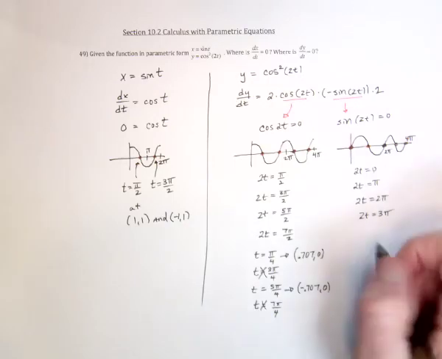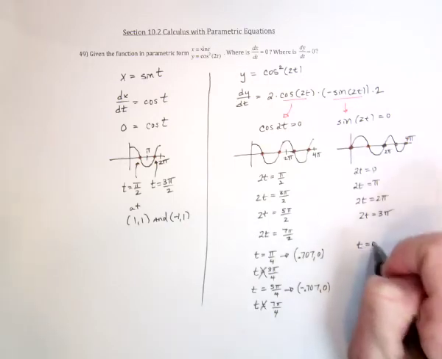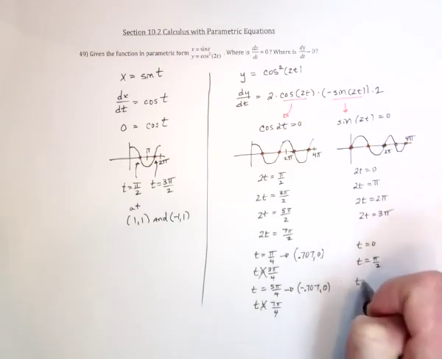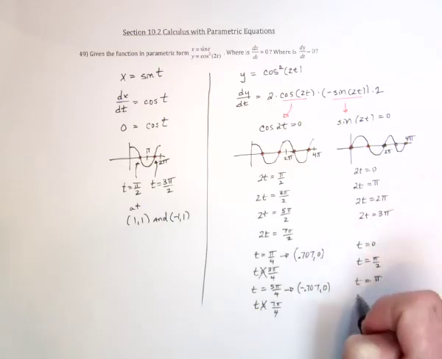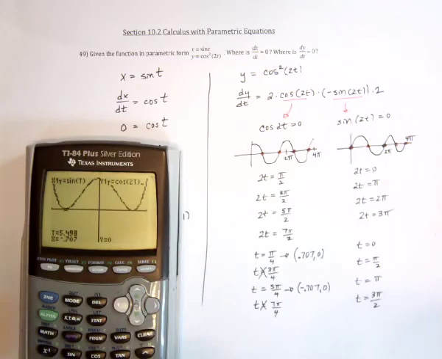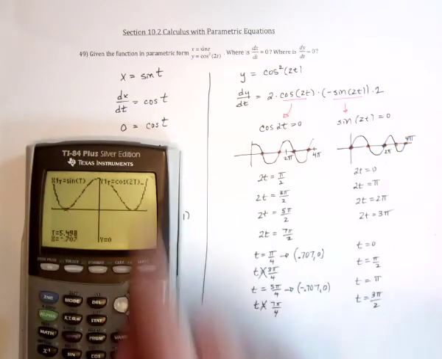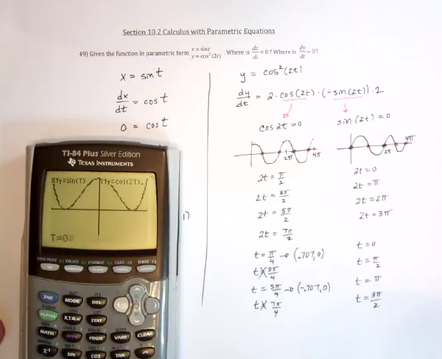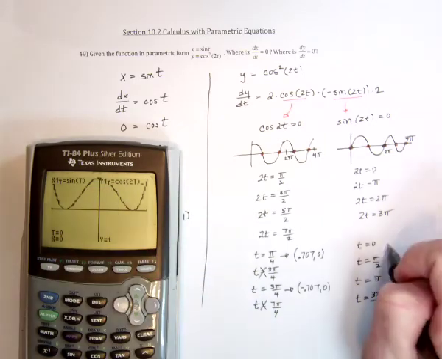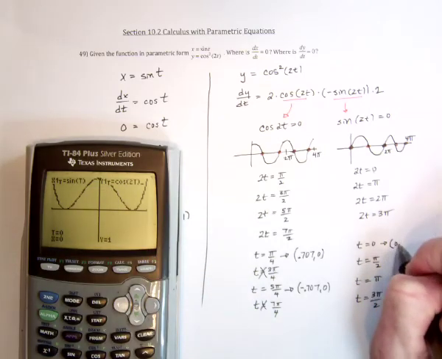So we get t equals 0 on the first one, t equals pi over 2, t is equal to pi, and t is equal to 3 pi, all divided by 2. And then we should finally get the top, and the top from these. So 0, it starts at the top in the middle, so this one is 0, 1.